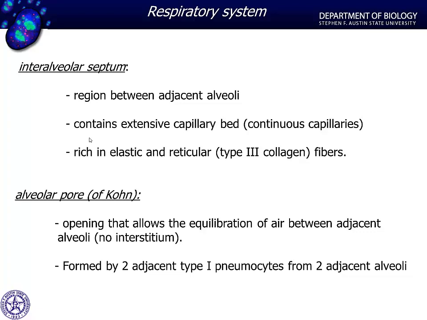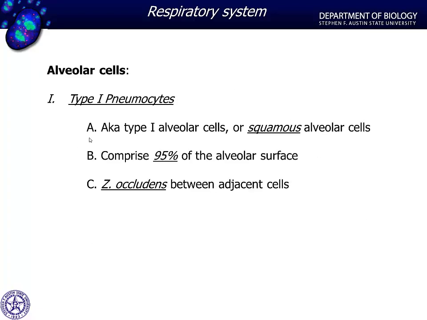Now, that pore of Kohn is going to be formed by lining cells from adjacent alveoli coming in contact and creating this barrier. And those lining cells are called type 1 pneumocytes. So type 1 pneumocytes are the cells that are going to comprise the respiratory membrane on the air side of our air-gas barrier.